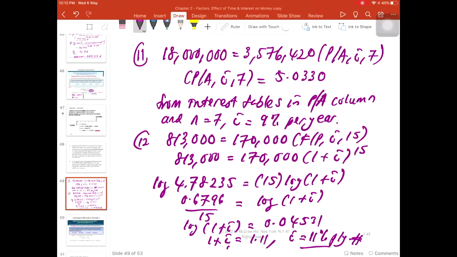Very simple mathematics. You have to know how to log, anti-log, whatever. Very simple mathematics.